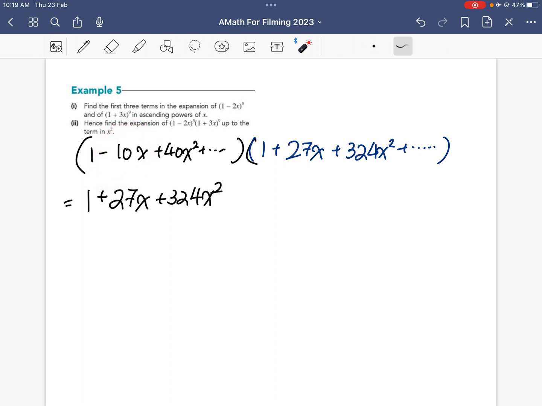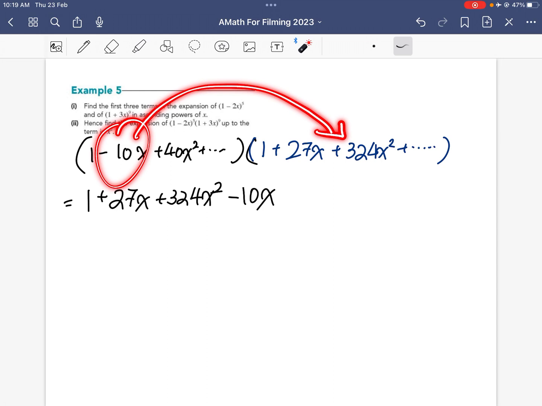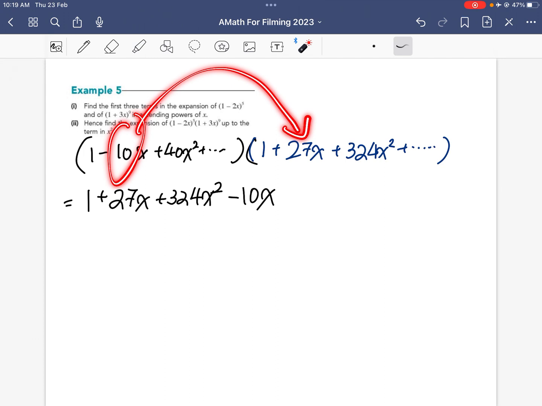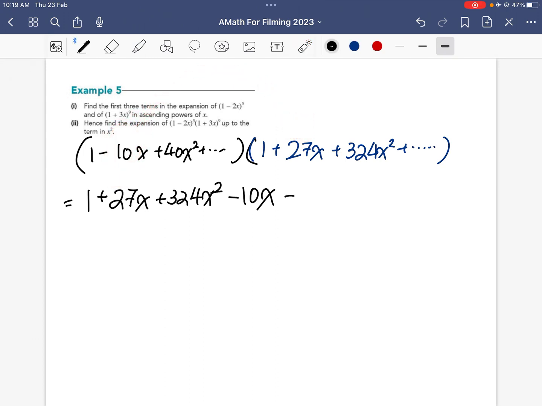Then we look at negative 10x. Negative 10x times 1 is negative 10x, still required. Then negative 10x times 27x, you get negative 270x squared.